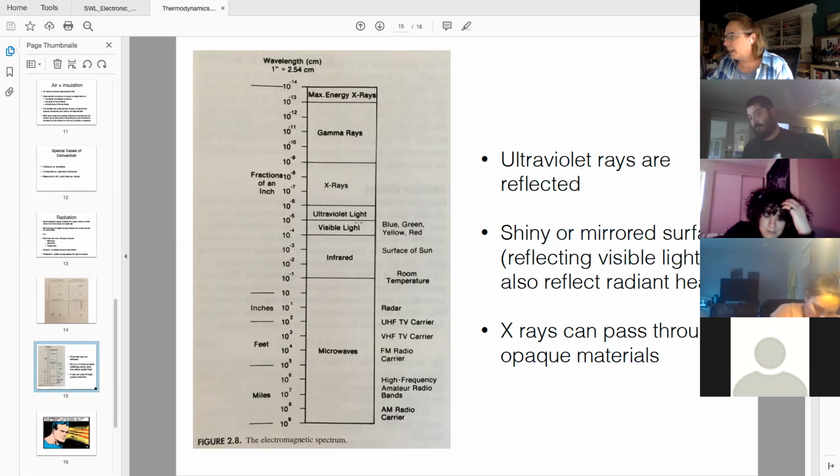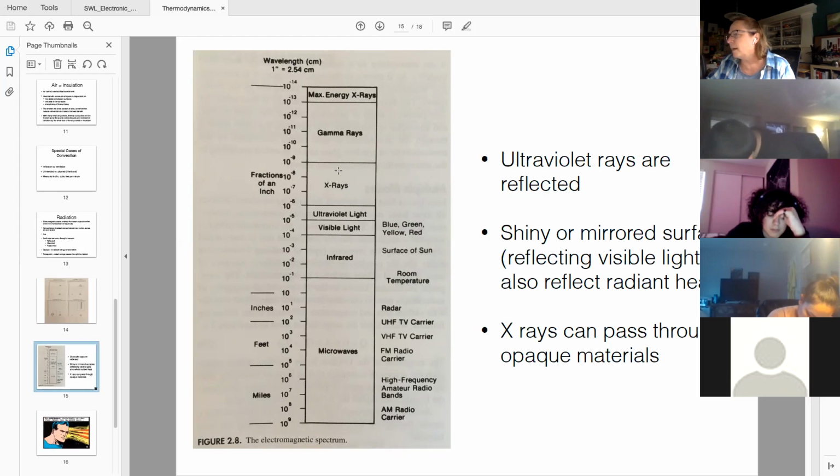The visible light range, which is what the human eye can see, has our spectrum of the rainbow: red, orange, yellow, green, blue, and violet. As the wavelengths get smaller, they go to ultraviolet, then to X-rays, gamma rays, and then maximum X-rays.